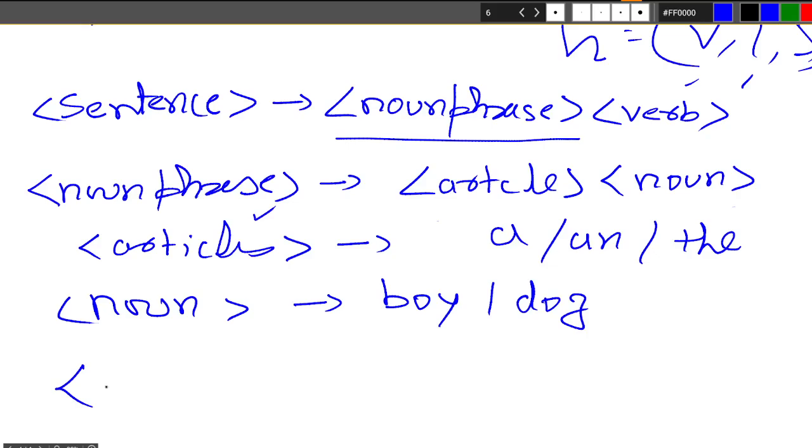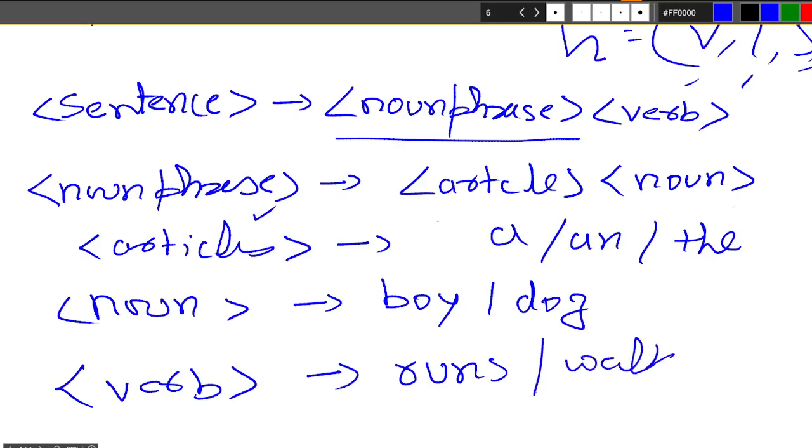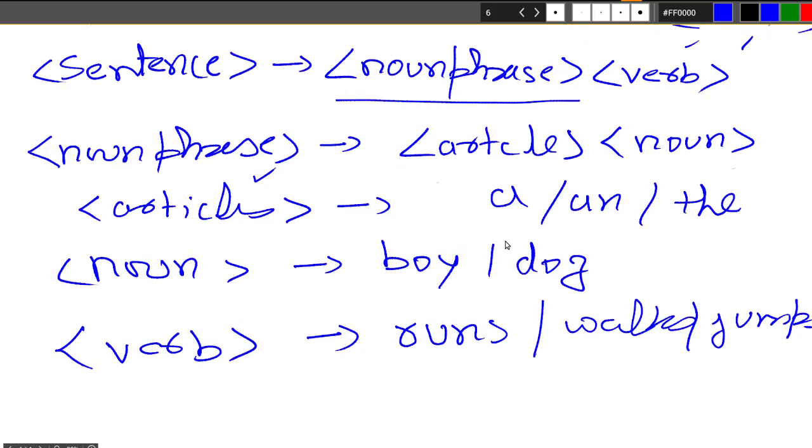Let me tell you one more thing, that whatever we are writing here on the left side, you can see we are writing in this brace and diamond, and some of the things like a and the boy, dog, I haven't written in the brace. I am writing here some verbs. Let me say run, walks, jumps, etc.